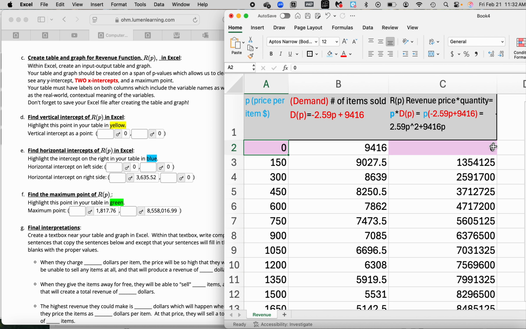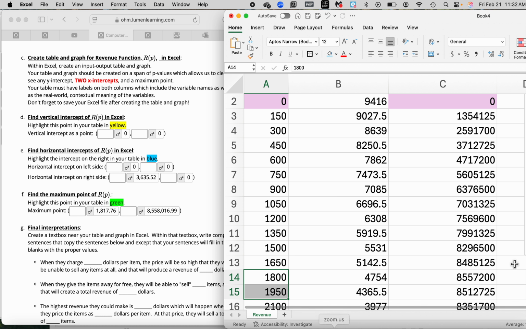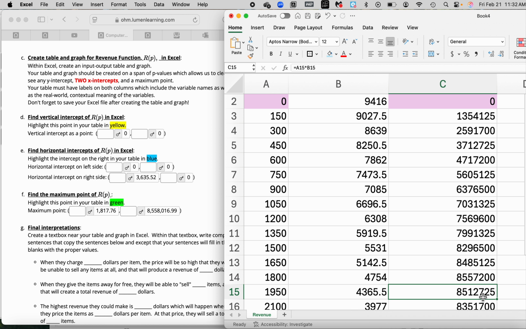When I price it at $0, zero revenue. As I'm increasing price, I'm increasing revenue. At $1,800 price per item, I have 8,557,000, and then somewhere between 1,800 and 1,900, my revenue starts to drop. So I can't count on this value here to be the exact maximum.